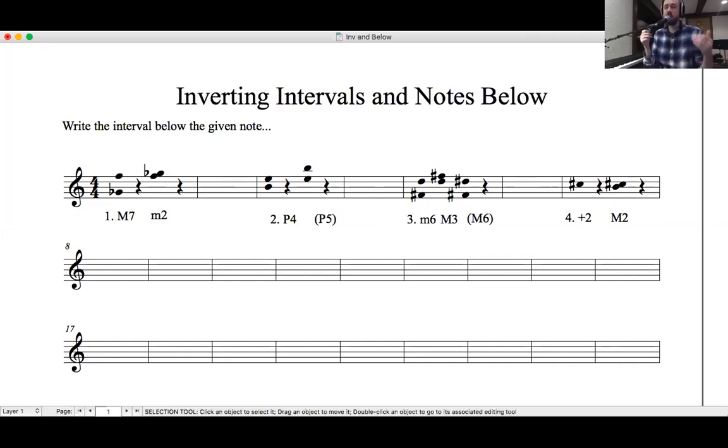So what can we do? We know that augmented seconds are farther apart than major intervals. So we need this interval to get farther away. We need these two notes to be a larger distance. Now, the usual way we make things farther away is by moving the top note, right?